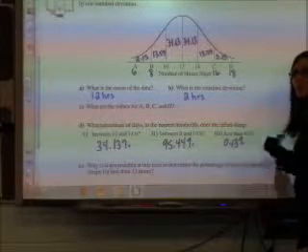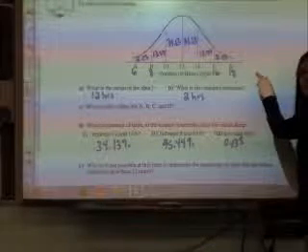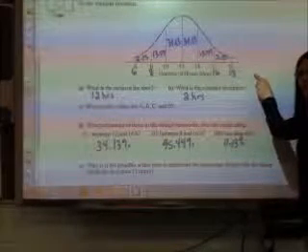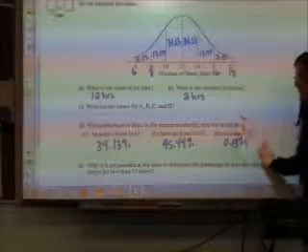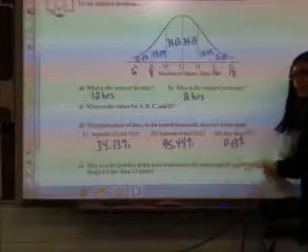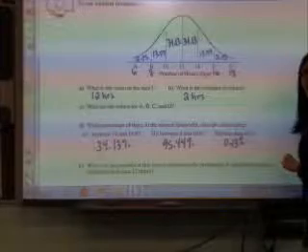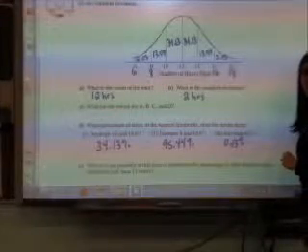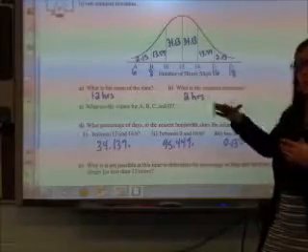Because babies aren't supposed to sleep just 4 hours a day. Likewise, if I have a baby that's sleeping 20 hours a day, I should be concerned for the same reason. Because again, barely 0.1% of babies sleep for more than 20 hours a day. But everything else could be considered within that normal range.